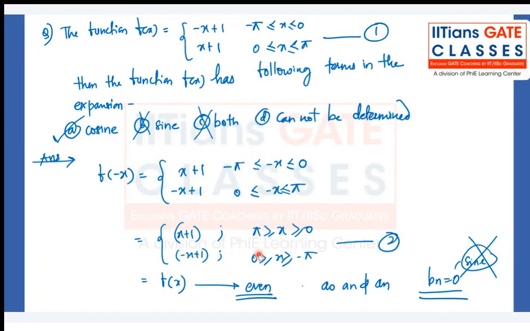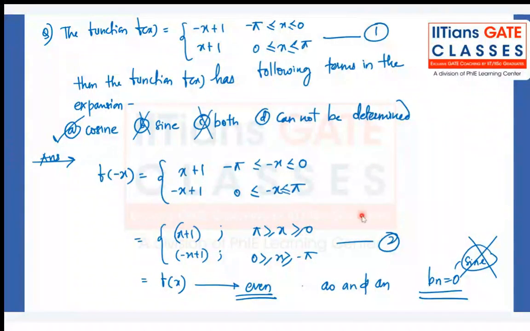It means 0 is greater than x, right? Because then only minus minus will become plus. Or the other way, just multiply the whole thing with a minus again and change the signs. This minus, if you bring it here, minus 0 will be 0, pi will become minus pi, and less than will become greater than. So this is how you'll get.